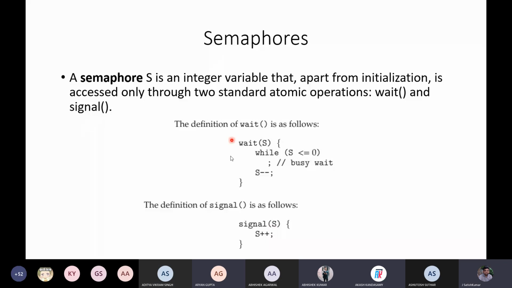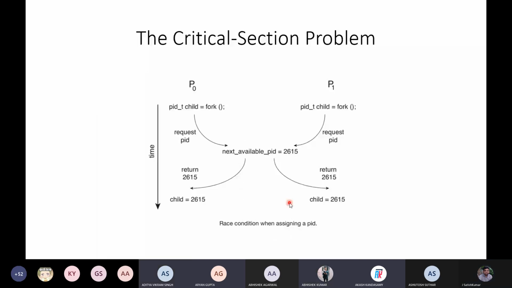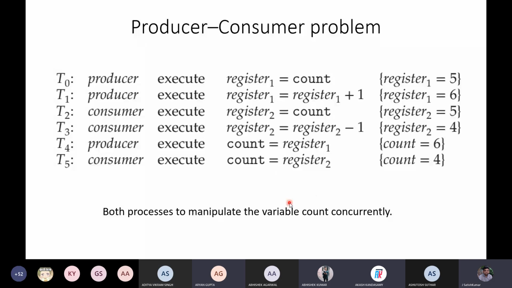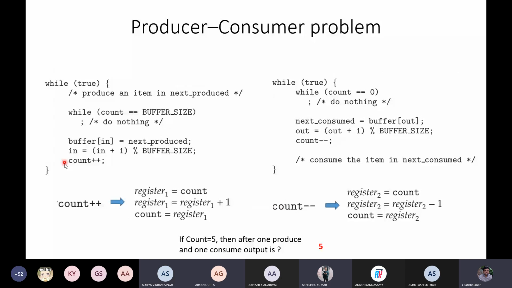You have to write this logic in the process. For example, in the producer consumer problem, count is creating some problem because count is the shared variable.